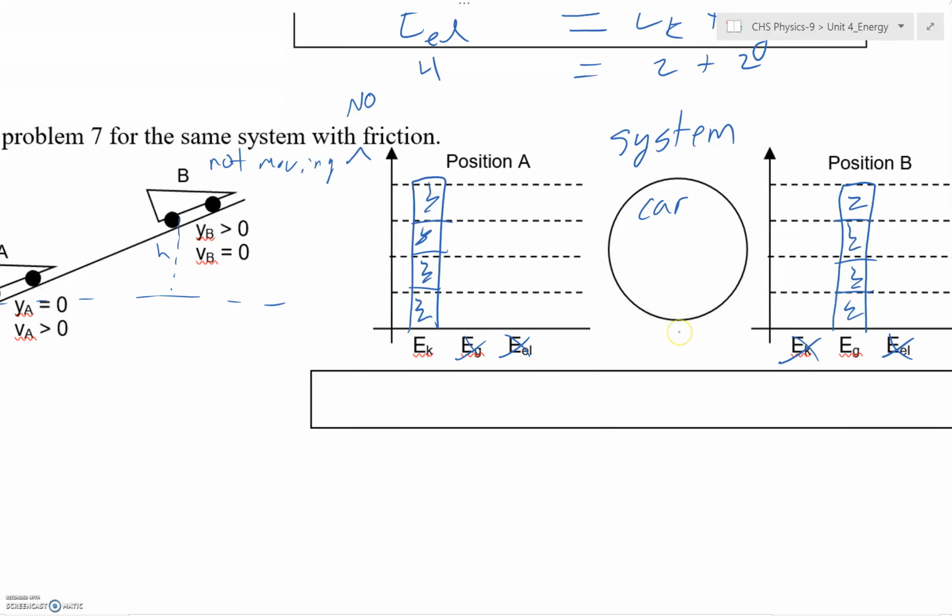Nothing goes in or out of the system here. So our qualitative energy equation is going to look like this: EK equals EG. Pretty easy. Then we can check our math again: 4 bars in the beginning, 4 bars in the end, and that's it. There you have it. That's how you do your qualitative energy bar charts, or LOL diagrams, without any energy transfer. Thanks for listening.